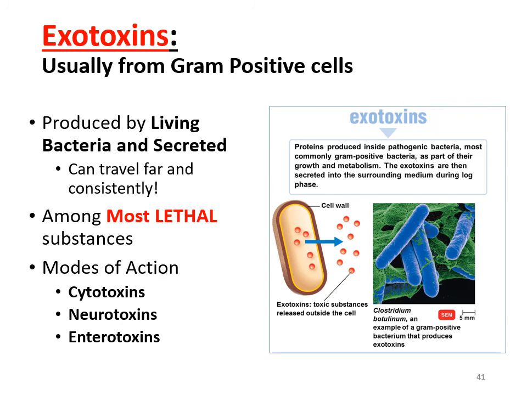When you hear the word exo, like exoskeleton, that tells you it's on the outside. It's released. So exotoxins are secreted to the outside of the bacterial cell. The fact that it's secreted and it's from living bacteria is very problematic to us, and it makes them the most lethal of toxins.